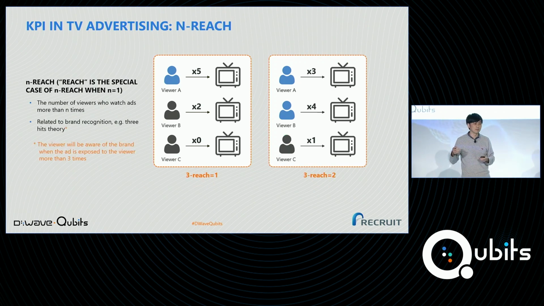And we can also extend reach to a more general case. There is another KPI, N-reach, which is defined as the number of viewers who watch the advertising more than N times. So we introduce the threshold here. And reach can be considered as a special case of N-reach when N equals 1.